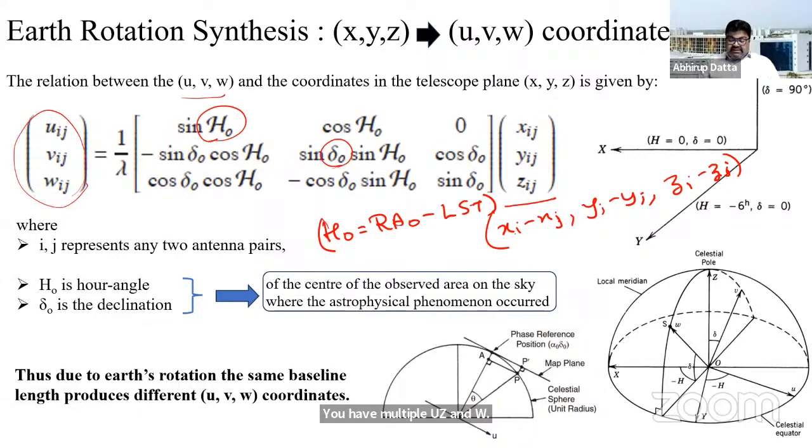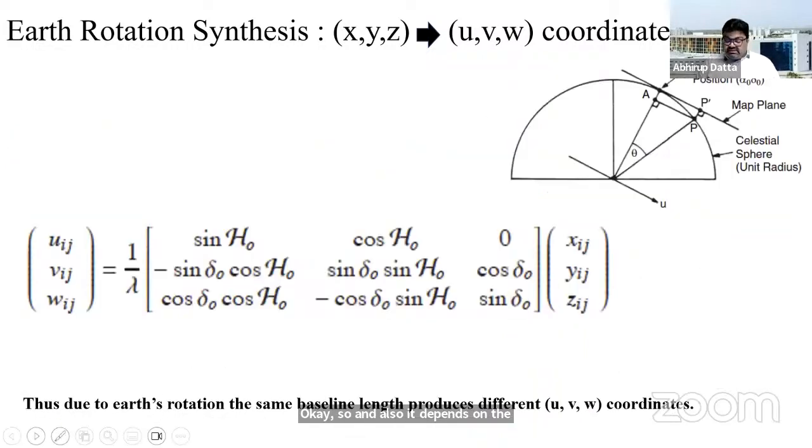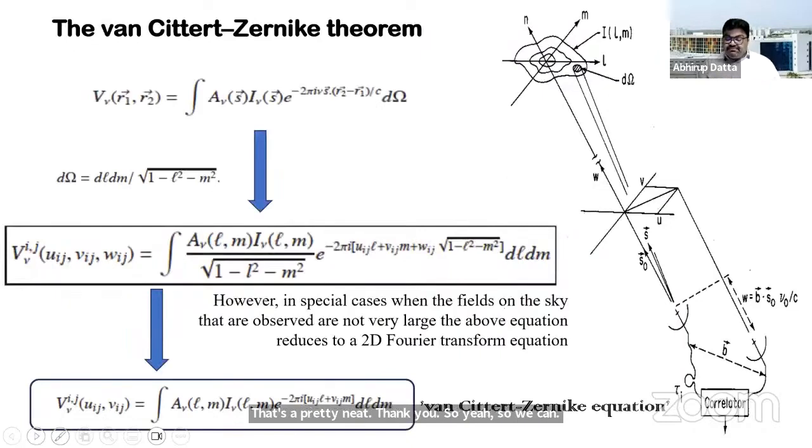And that's what we expressed in terms of the effect of the Earth's rotation synthesis, which we discussed last time also. And it also depends on the lambda. That's a pretty neat derivation. So yeah, we can skip this.